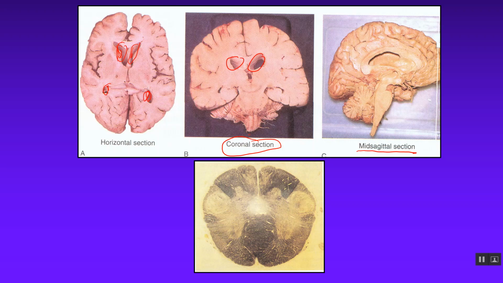That's a mid-sagittal section. This is of the brainstem, actually down in the medulla. This is a horizontal section through the medulla. Once we get into the brainstem and the spinal cord, we're really just looking at horizontal sections. For the cerebrum we'll look at horizontal, coronal, and sagittal sections.